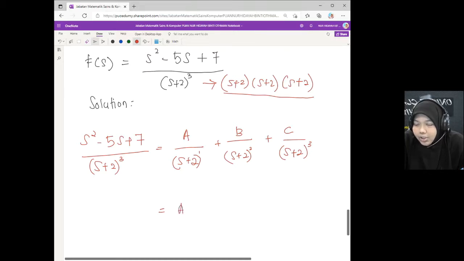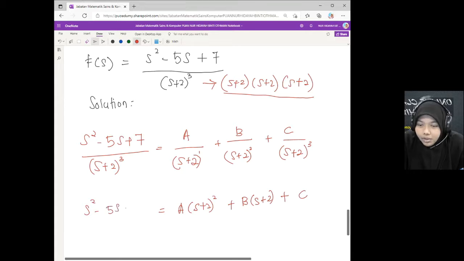Therefore atas pun kita akan darab s plus 2 to the power of 2. So for B, dia dah ada s tambah 2 kuasa 2, di mana dia perlu darab sekali saja lagi, iaitu s plus 2 yang kuasa 1 lah. Dan C, dia dah ada s tambah 2 kuasa 3, therefore C tak perlu ada darab apa-apa lagi lah.